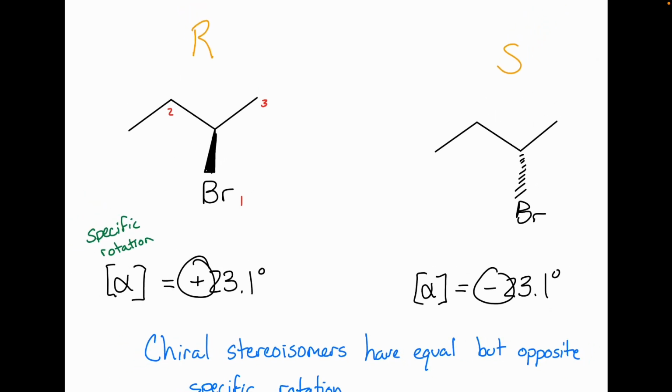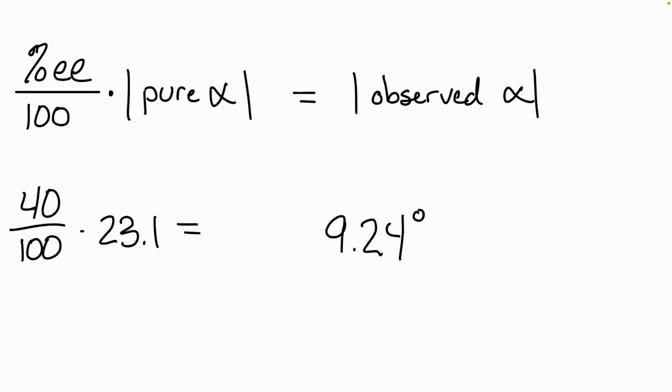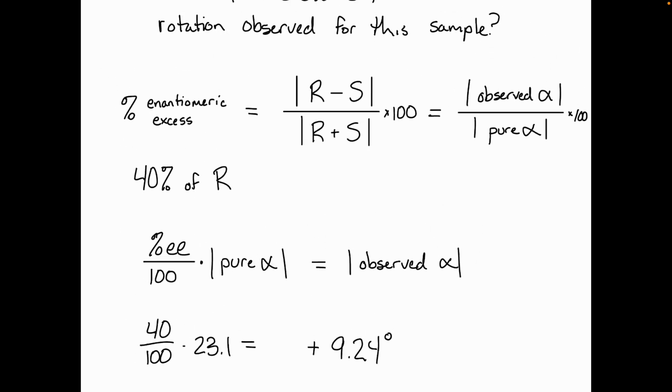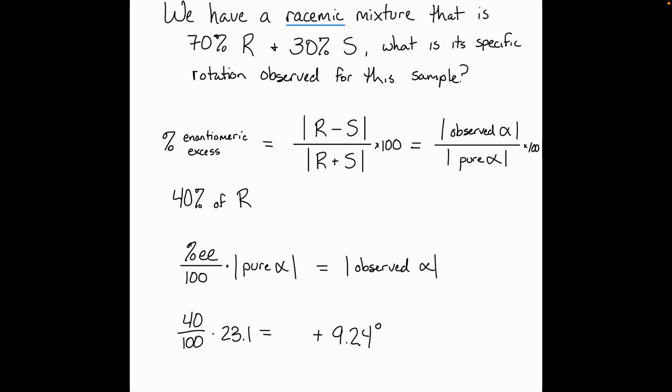Positive, because I have more R, so it's going to be in the positive direction. If it was flipped and I had 70% S and 30% R, I would get negative 9.24 for my rotation.